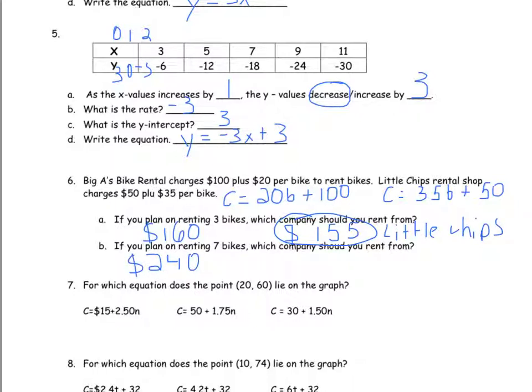And then 35 times 7 is going to be 245, plus 50 is going to make it $295. So it looks like the cheaper company when you rent 7 bikes is going to be Big A's, which is $240. Alrighty, for number 7.